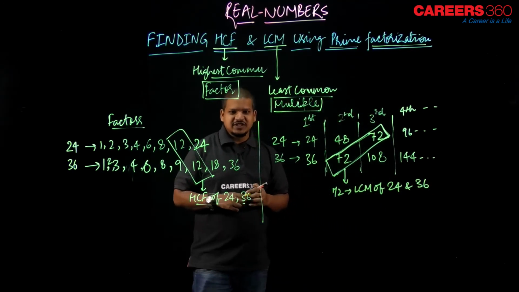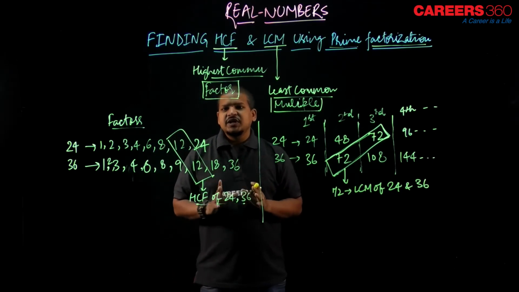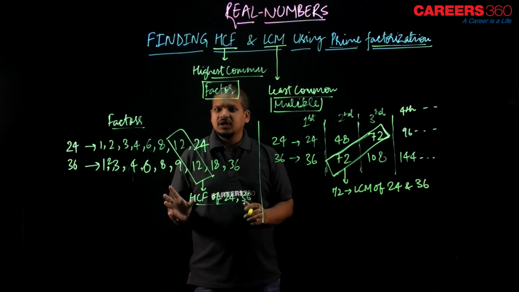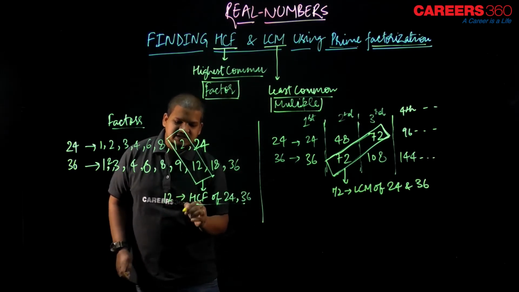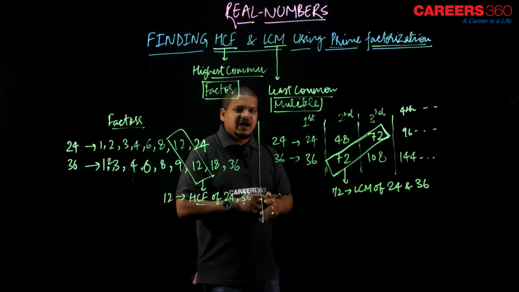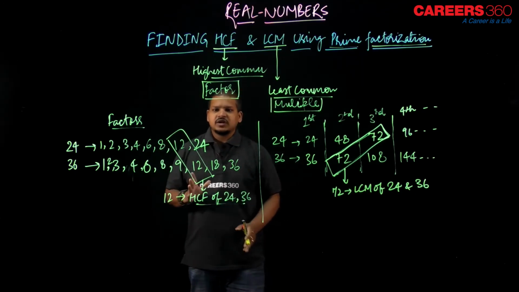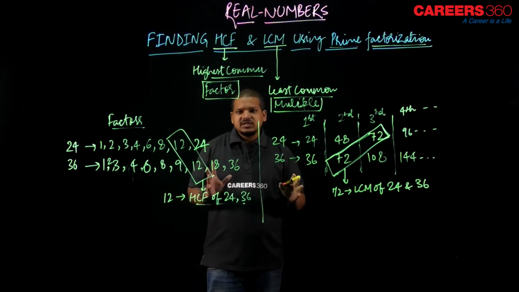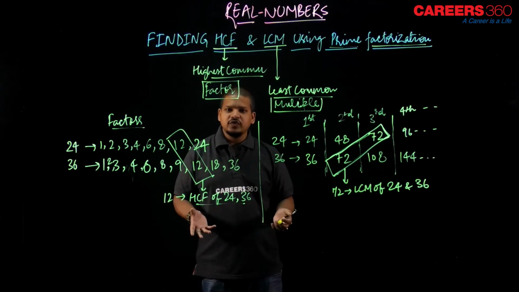I hope it is making sense to you, right? Now, 12 will be the HCF of 24 and 36, and 72 will be the LCM of 24 and 36. We'll try to find out these LCM and HCF using prime factorization. So how do we do that?